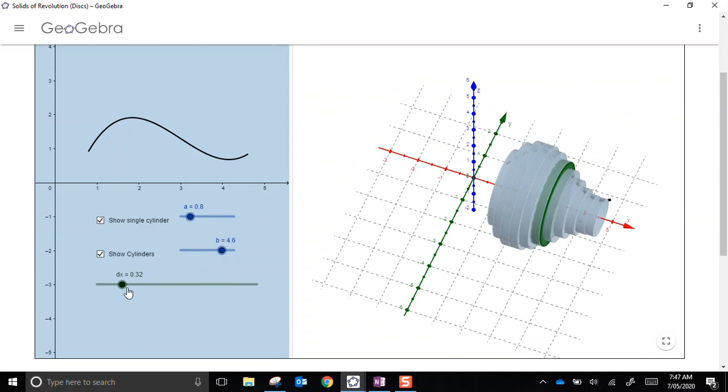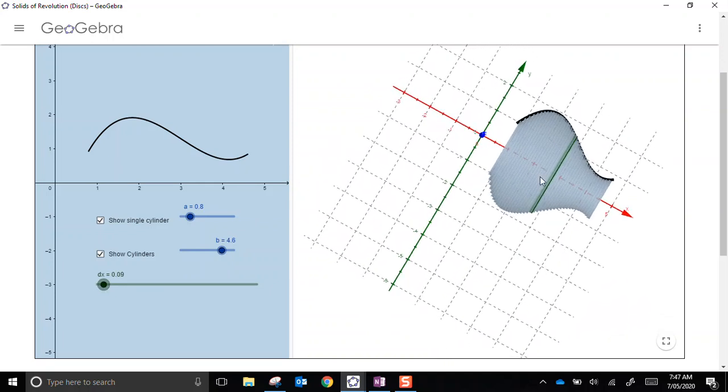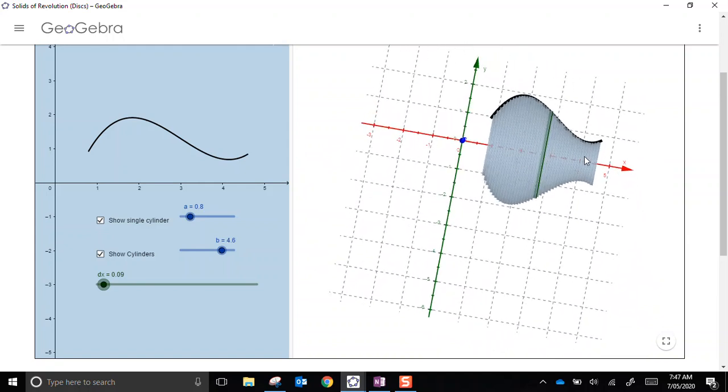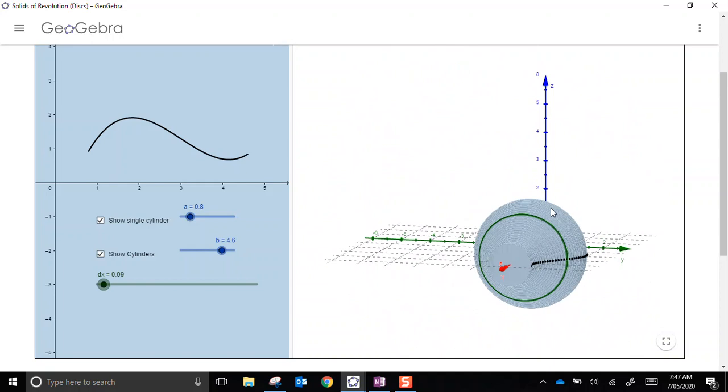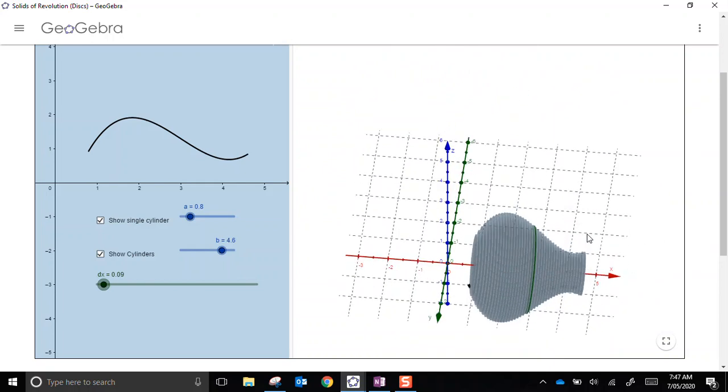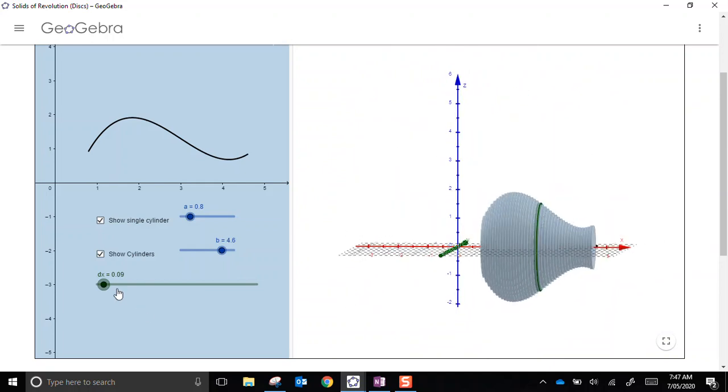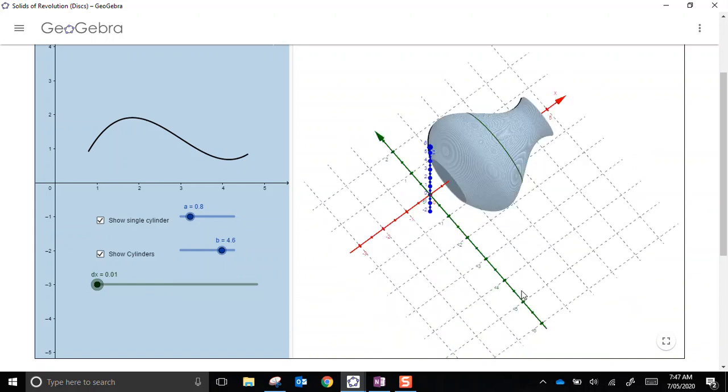If I make the cylinders, in other words, the delta x value smaller, then there's going to be more of these things to add, but they're going to do a much better job at following along the edge of the curve. They won't be quite so chunky as my previous diagram. On this screen the delta x is shown as a dx, and I think you can see where we're going to go with this.